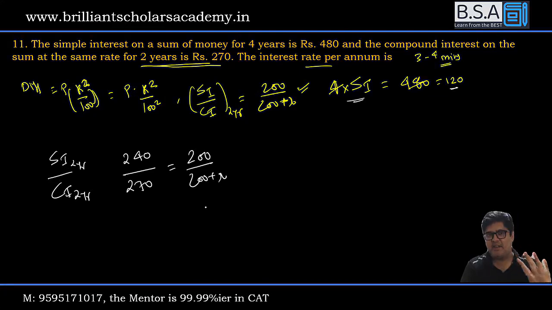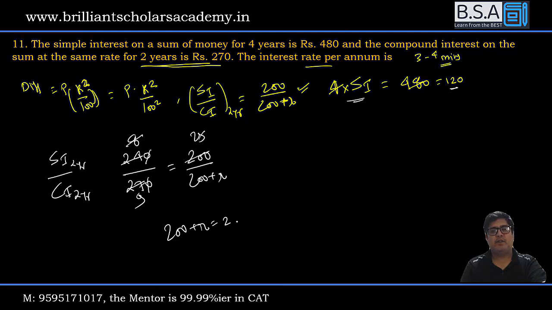R is the percentage. Cancel whatever is possible. 0, 0 cancelled. This is 3 into 8, 3 into 9 cancelled. 8 into, is there a multiple of 8? Yes, 25 times. So cross multiply. 200 plus R is equal to 9 into 25, which is 225.